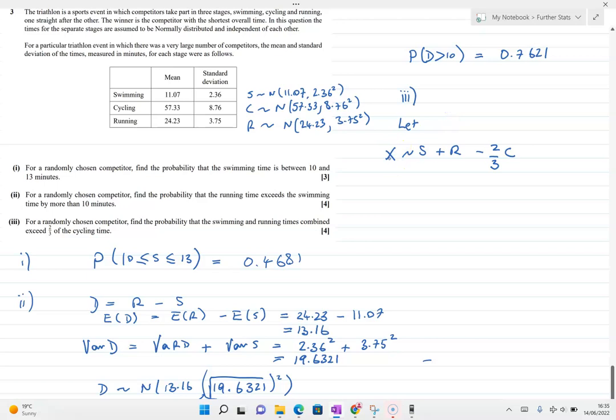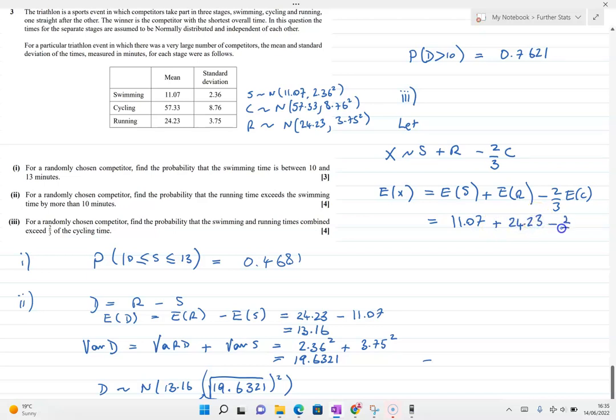So what I'm going to do is define a distribution that represents that. So then what I can do is say, right, EX, expectation algebra again, is equal to ES plus ER minus 2/3 EC. So that equals ES, which is 11.07, plus ER, which is equal to 24.23.